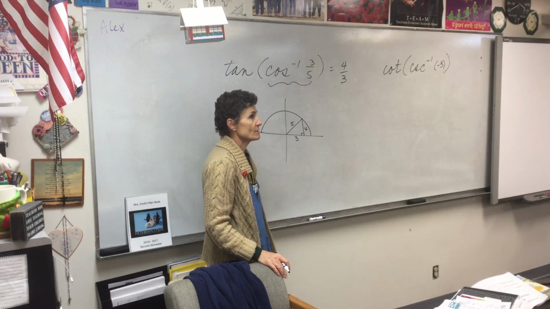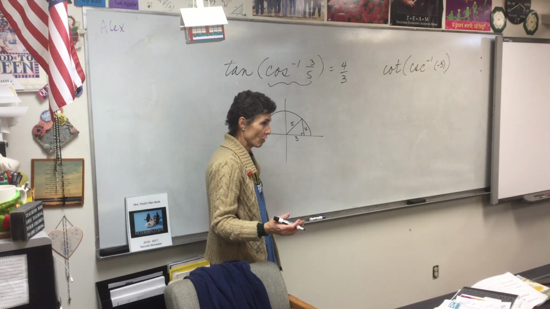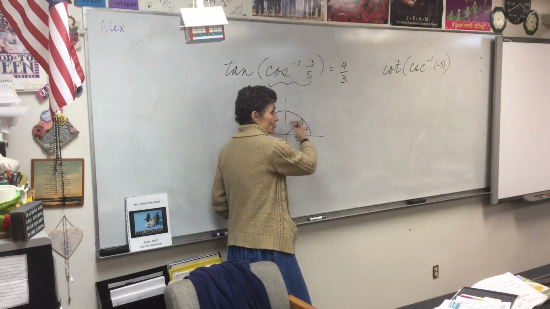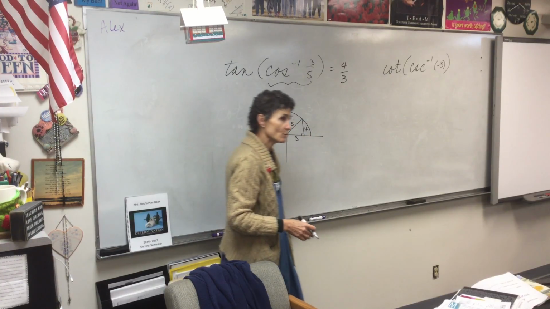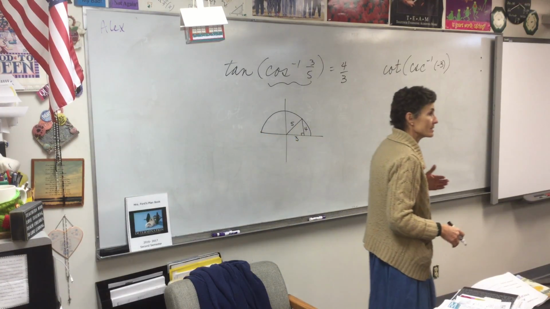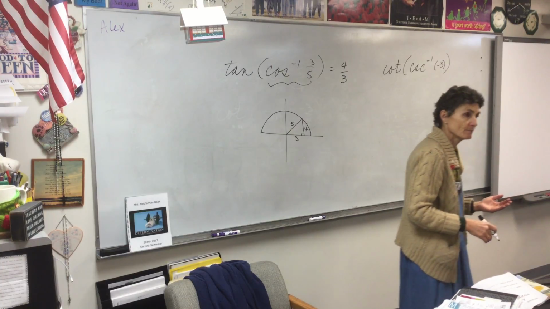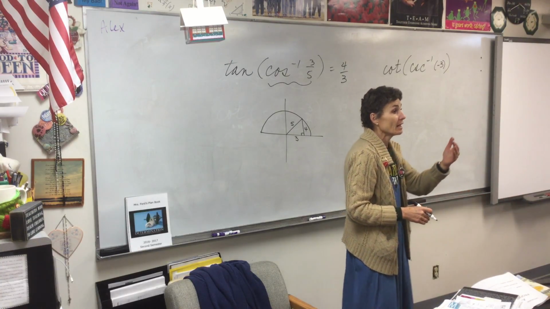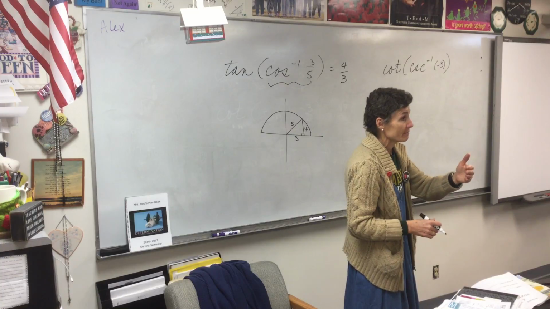Now, wait a minute. Cosecant. I got to know where to draw this, right? I got to know the rules first. Where do I draw that? I didn't give you that yesterday. I didn't talk about cosecant yesterday. What do you think you're going to do? You're going to think of it as a sine.